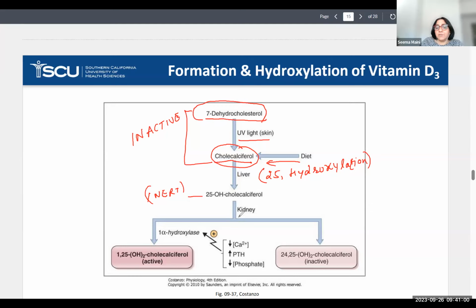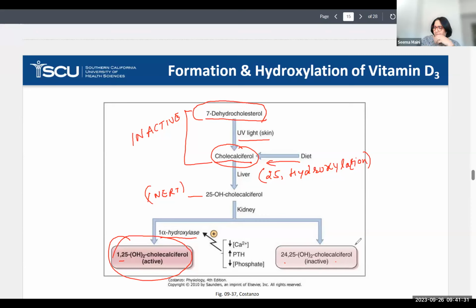But as it reaches the kidneys, it undergoes 1-alpha hydroxylation and gets converted into 1,25 dihydroxycholecalciferol. This is the active form of vitamin D. Some of the 25 hydroxycholecalciferol is also converted into 24,25 dihydroxycholecalciferol, which is inactive, inert, has no physiological function.